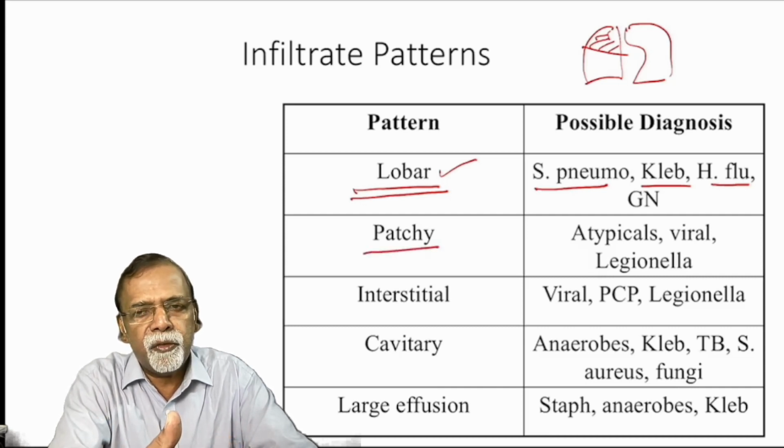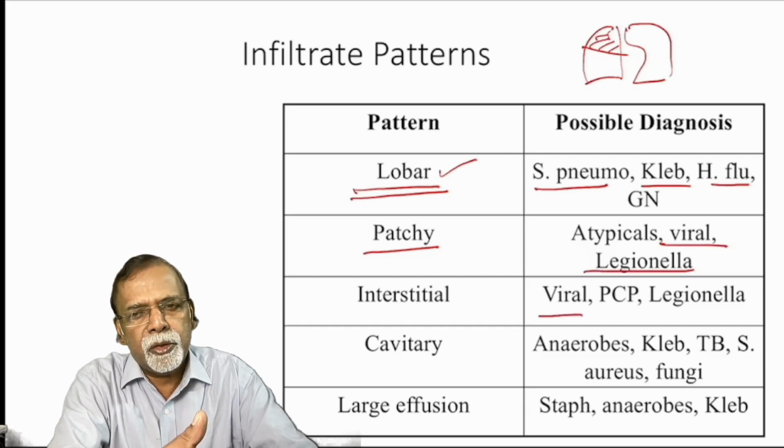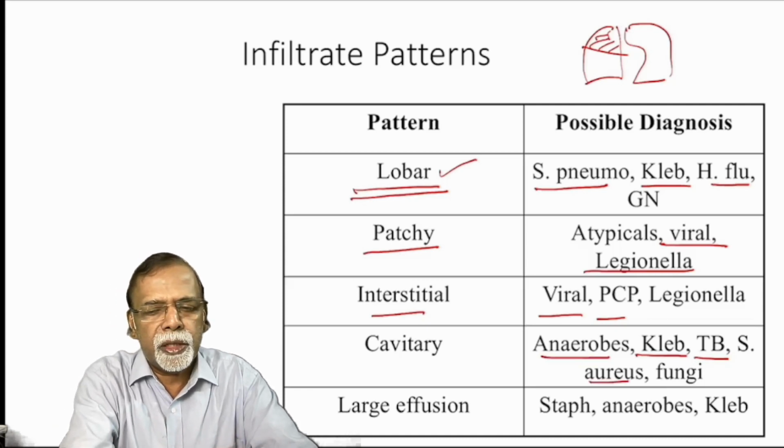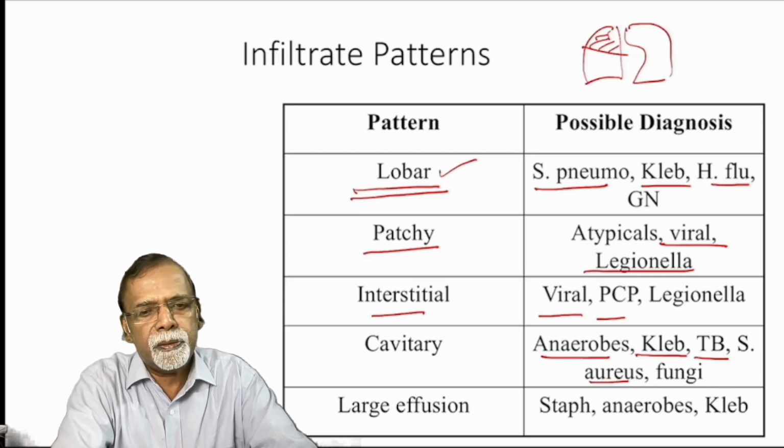Interstitial pattern is seen in viral pneumonia, PCP, that is Pneumocystis carinii, now called jirovecii, and legionellosis. Cavitatory lesions can occur especially in Klebsiella, tuberculosis, and sometimes you may get pneumatoceles and pneumothorax in Staph aureus. Some associated effusions can also occur in certain cases of pneumonias.